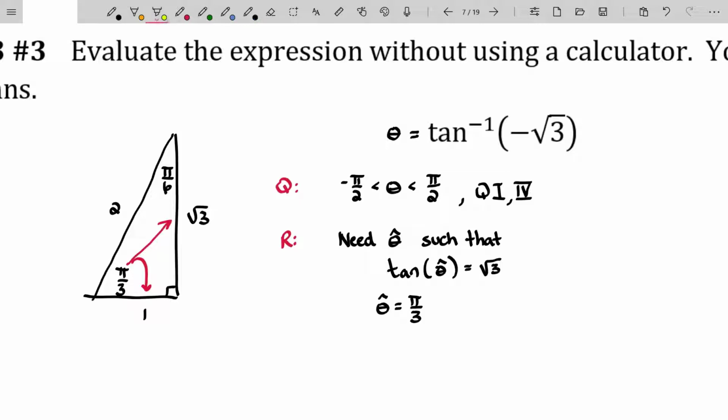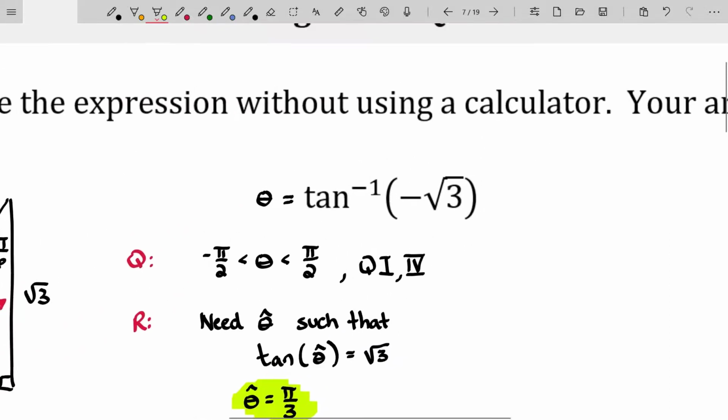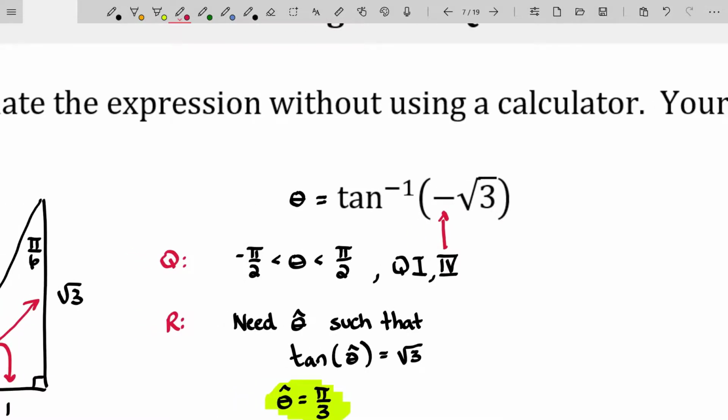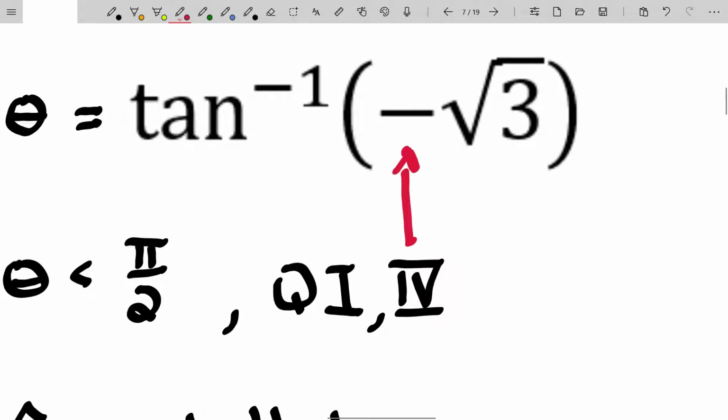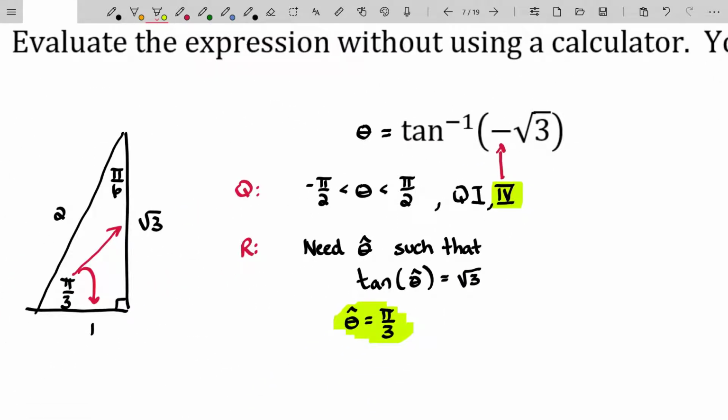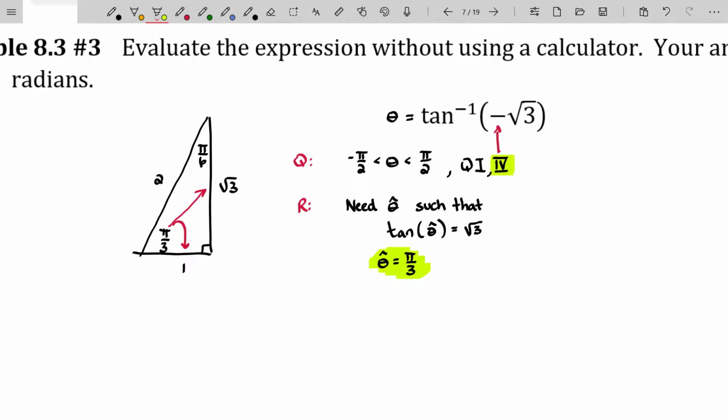I now have a reference angle. I will just point at this negative here. I'll point quadrant 4 at that negative, because between quadrants 1 and 4, the tangent is negative in quadrant 4. So quadrant 4 is going to be my winner. So we have a reference angle and a quadrant. Now here is an interesting piece.